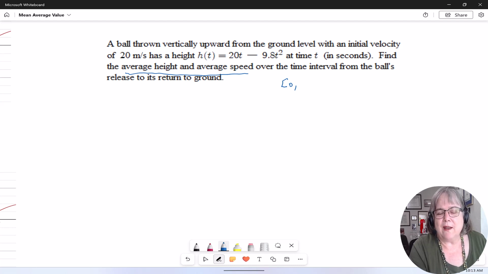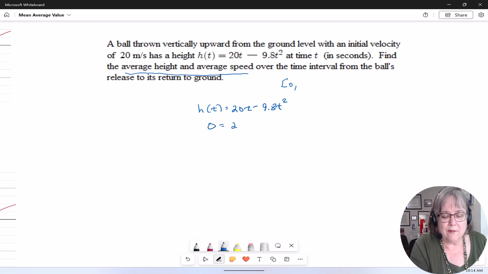So to find that end time, I actually have to start with the original function. And how would I find when it returns to ground? Well, what is the height? 0. Because ground level would be my starting point. That's 0. All right. So I can factor out a 2t.